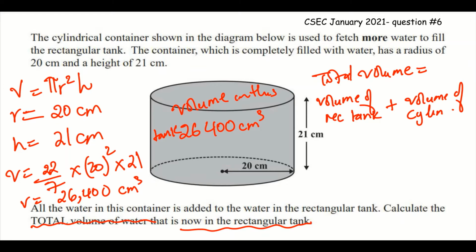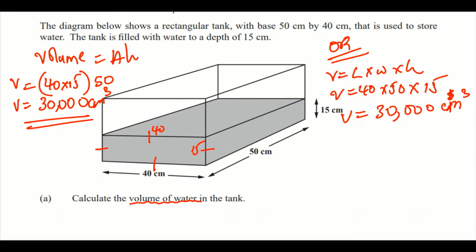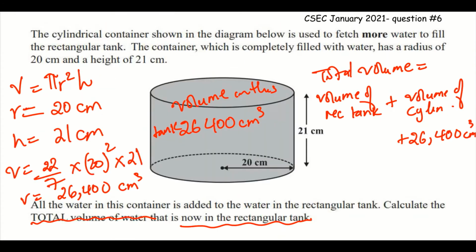Alright, so the volume of the cylindrical tank is 26,400 centimeter cubed, and the volume of the water in the tank before, let's check. Right, so the volume before was 30,000, so let's add that now.